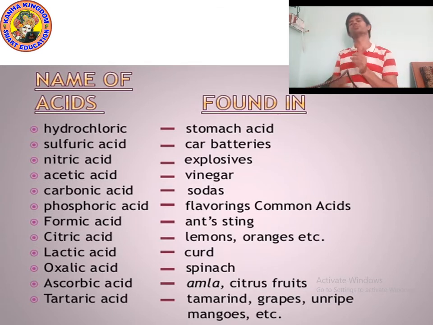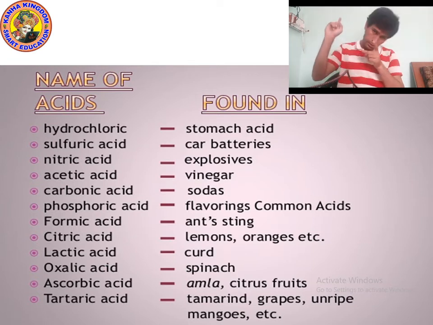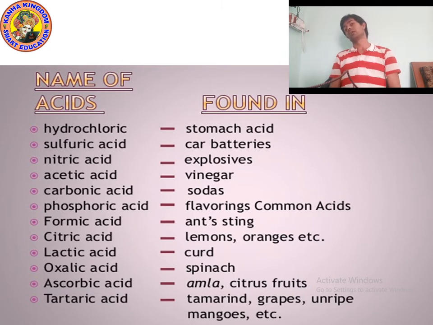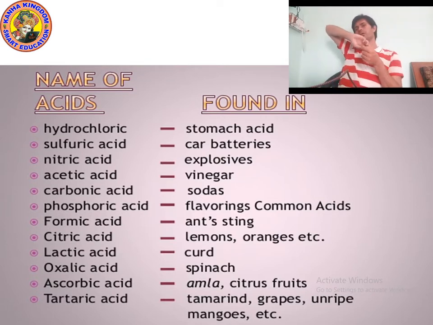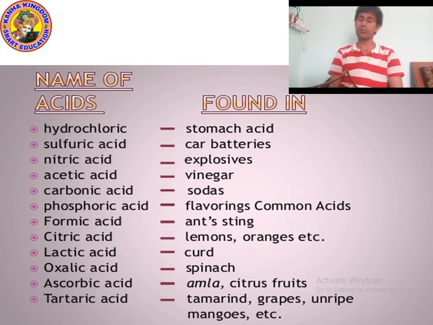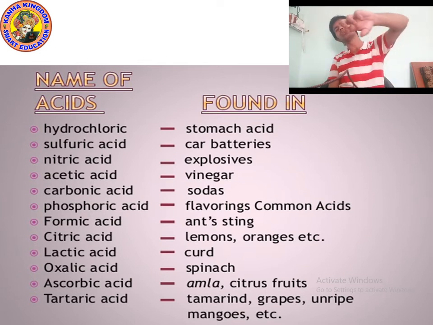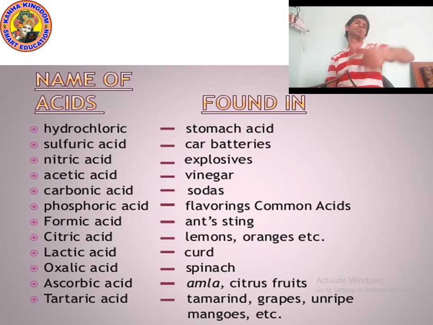Mountain Dew has soda, and Pepsi has soda. Thums Up has soda. You know, when you open the bottle of a cold drink, bubbles start coming out because of carbon dioxide and soda is formed. Even many shopkeepers and sellers mix soda in lemon juice.